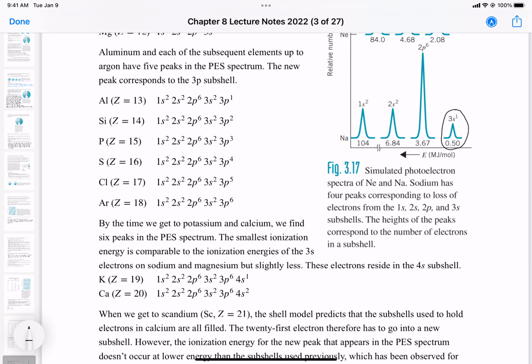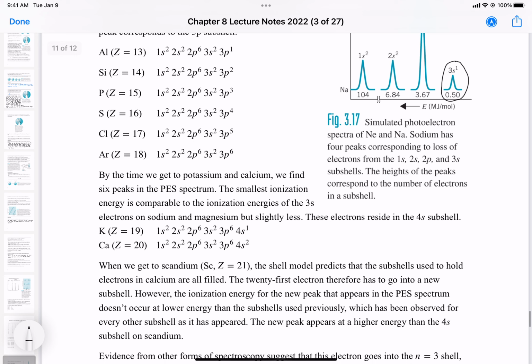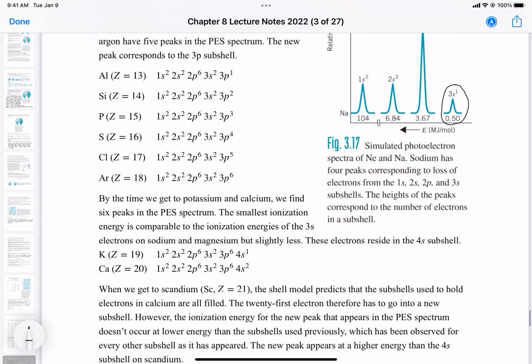By the time we get to potassium and calcium, we find 6 peaks. So it has the 1s, the 2s, the 2p, the 3s, 3p, and then the next set of orbitals is the 4s.